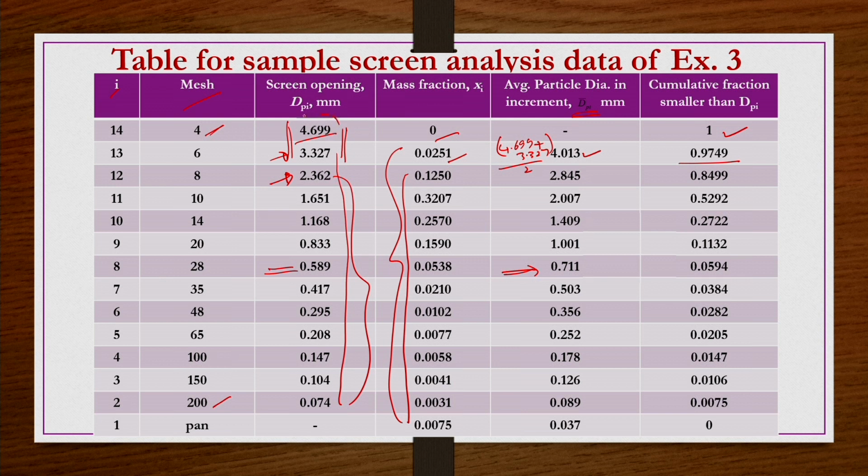Except these three, all others are smaller than 2.362. Their mass fractions are 0.3207 plus 0.2570 and so on, down to 0.0075. If you add them together, you get 0.8499. Likewise, we have to construct all of them. This gives you the cumulative fraction smaller than Dpi.